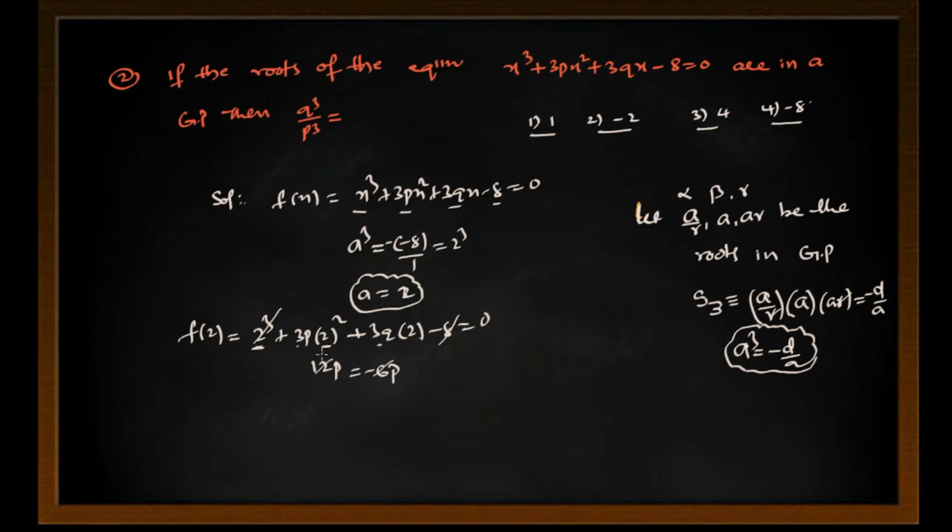So 6 ones are 6, 6 twos are 12, and these get cancelled. Now we need p by q or q by p. So q divided by p is 2 by 1, that is minus 2 by 1. Now cubing on both sides, q cube by p cube becomes minus 2 whole cube, and minus 2 whole cube is minus 8. So our fourth option is the right answer.